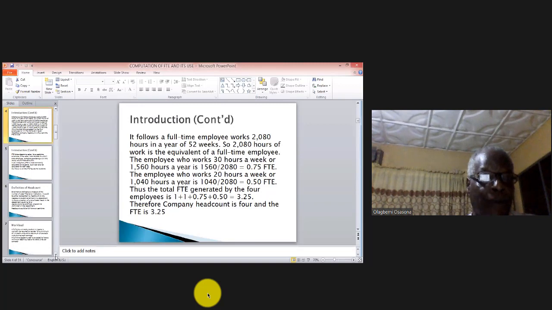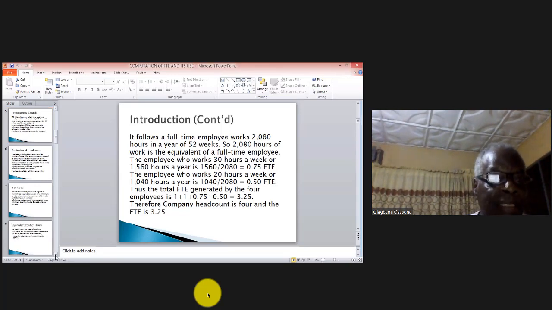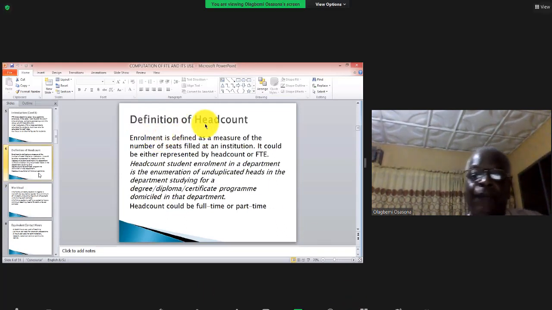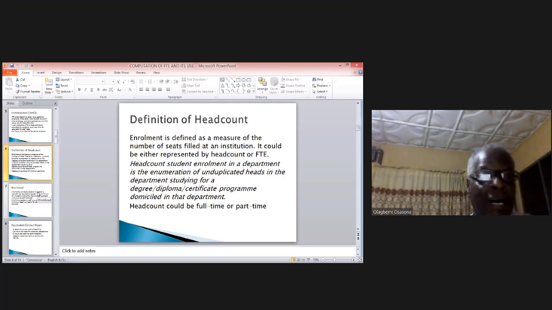We want to define headcount before defining full-time equivalent. We can define enrollment either by headcount or FTE. Headcount is the body count, the number of heads. And we want to assume we don't have supernatural students with 2 heads. So we are counting the number of heads.